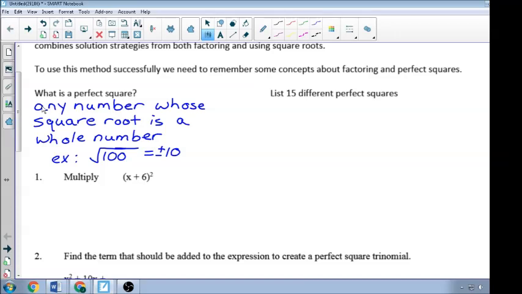What we want to do now is list 15 different perfect squares. We're going to start with the lowest perfect square, which is 0, and we're going to go all the way up to the perfect square that is 14 squared.